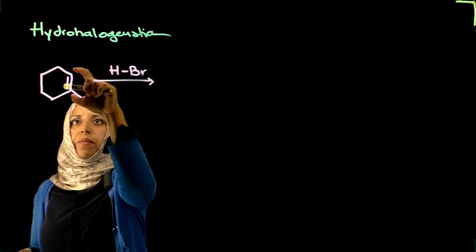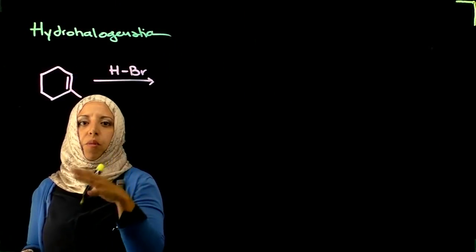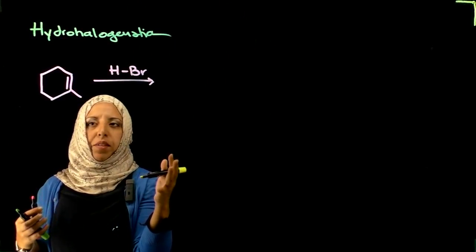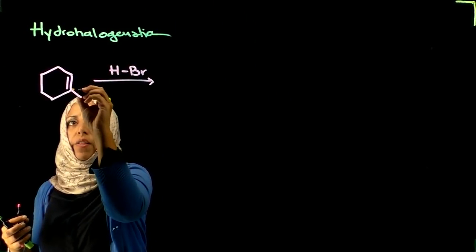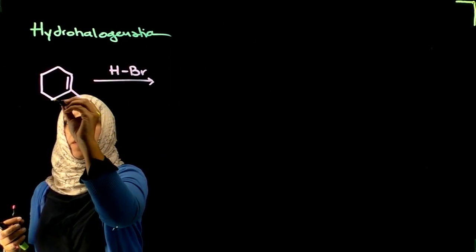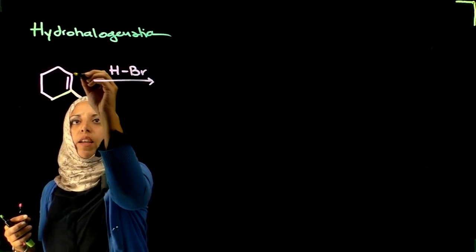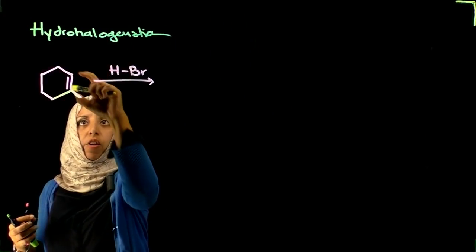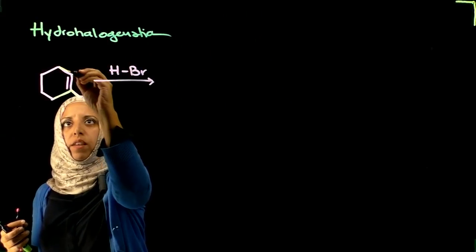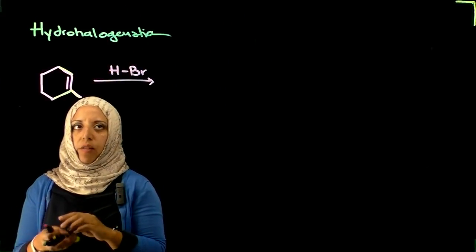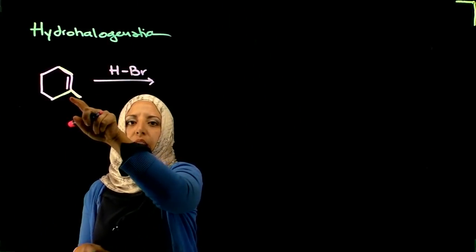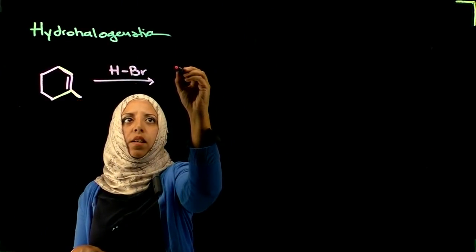Are both carbons exactly the same in terms of what is substituted to it? If we take a look at this carbon of the carbon-carbon double bond, it has two groups attached to it. If we take a look at this carbon of that carbon-carbon double bond, then it only has one group attached to it. All right, so this end is more substituted.